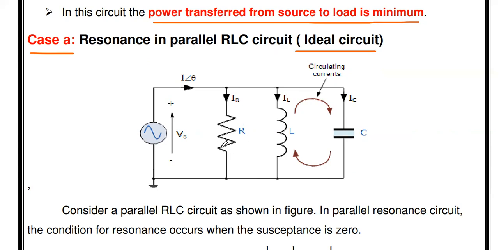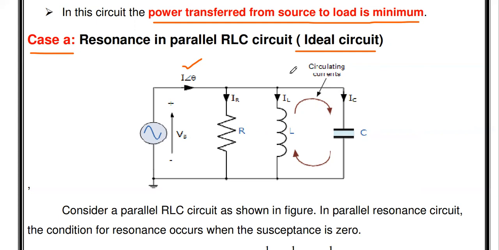You see the resistor R, inductor and capacitor, the three components, are connected in parallel with the applied voltage Vs. Because of this applied voltage, the total current supplied by this voltage source is I. At resonance condition, this voltage and this current are in phase.